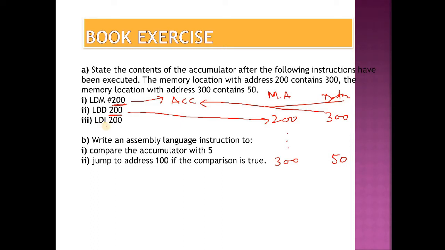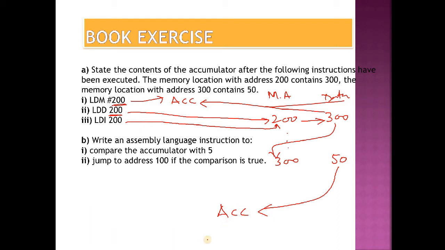It will go to address 200 first, which holds another address, 300, and then it will go to 300, and from there the value will be picked and stored in the accumulator, right? Because in indirect mode the address holds another address which has the actual value.